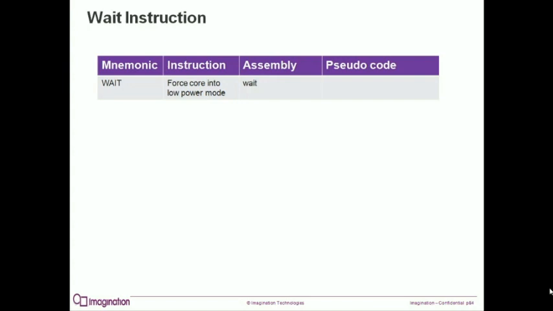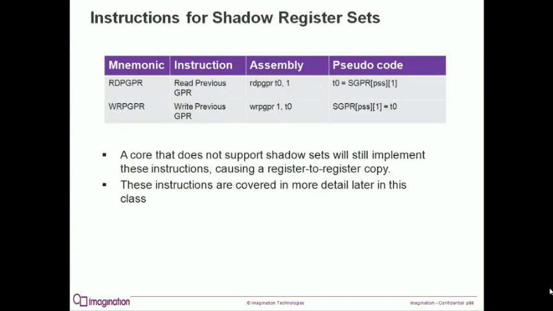The wait instructions can be used to control the power consumption of the CPU when there is nothing to do but wait for an interrupt. This instruction will be covered in detail in a separate section on power. There are 2 instructions that control reading and writing of shadow register sets. Since these work with interrupts, they are covered in detail in a separate section for exceptions and interrupts.